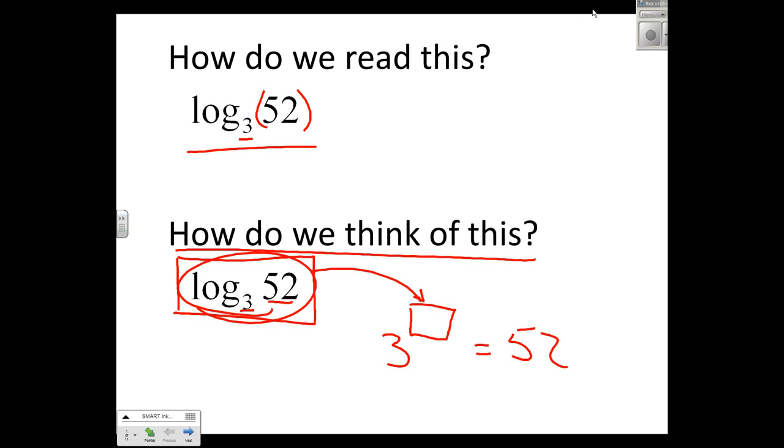So I really want to encourage you every time you see a logarithm to think of it, if not read it out loud, in that manner: this is the exponent that turns 3 into 52. That's going to help us have a little more understanding of the logarithmic rules as we move forward in this chapter.